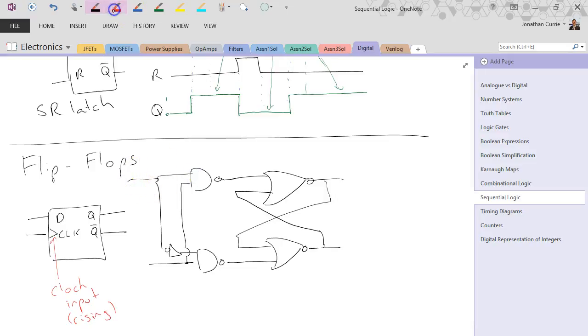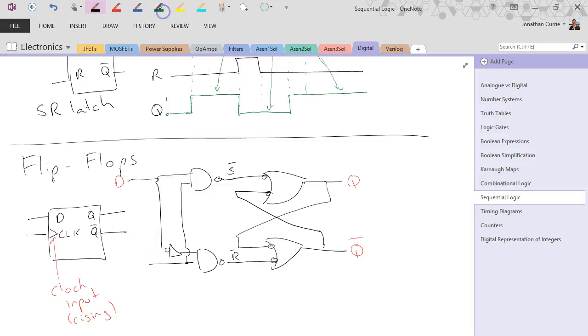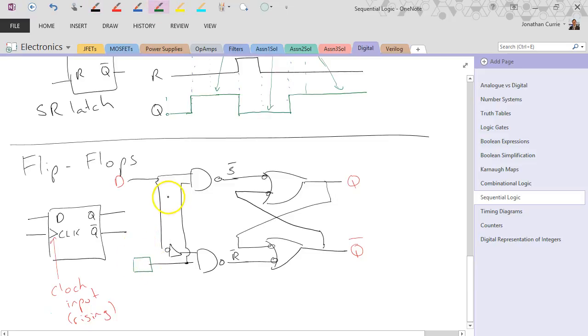So there is our D input, there's our Q and Q bar. Oh, I've got my bubbles in the wrong place there. Bubble, bubble, bubble, bubble. Not reset, not set. And we have a little box here for our clock input.